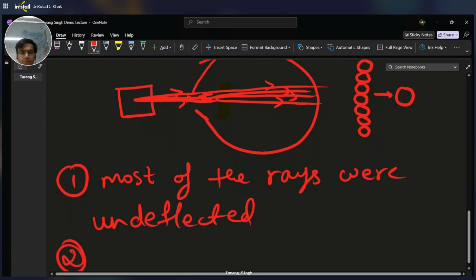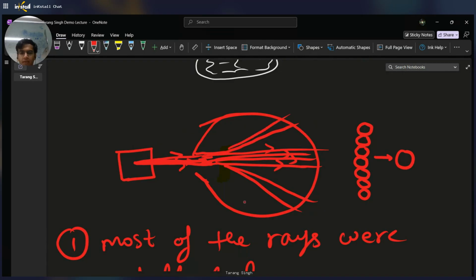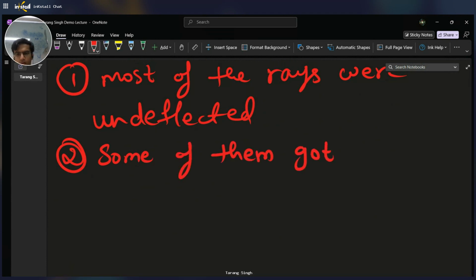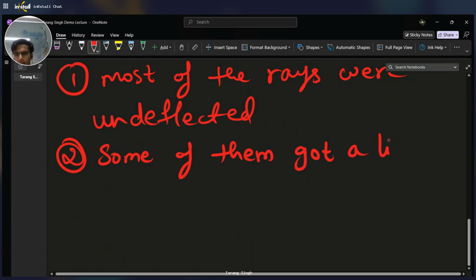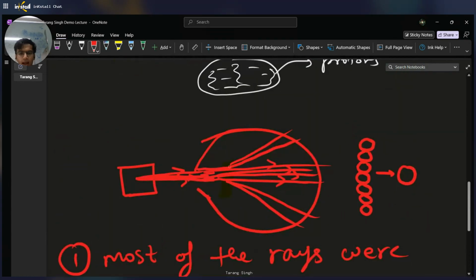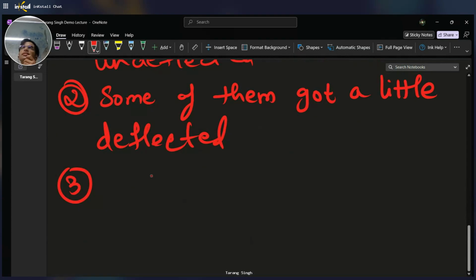Second, some of them were deflected by a small angle, a small degree. So some of them got a little deflected. And a very minute number of rays were perfectly deflected, almost a 180-degree deflection.